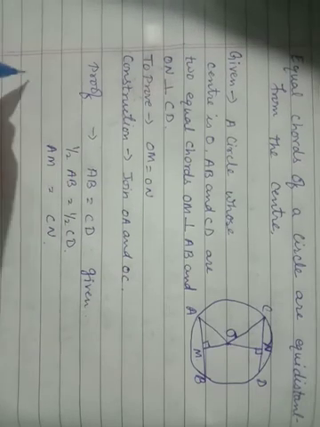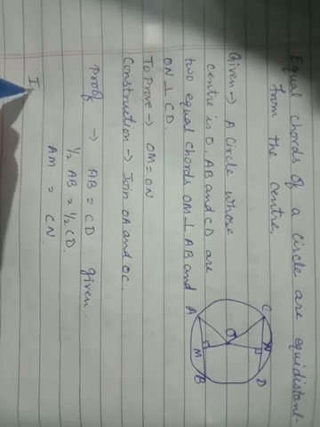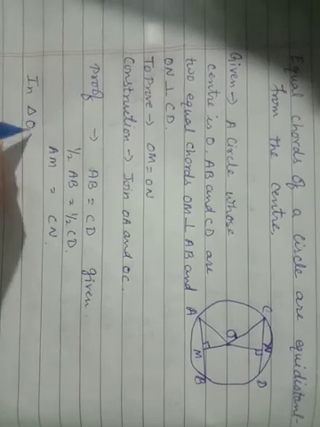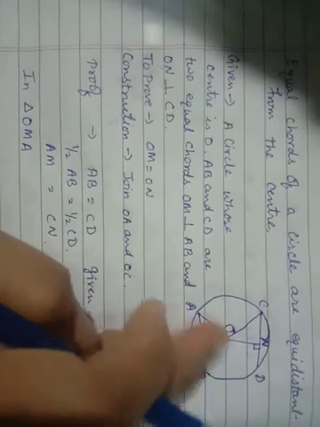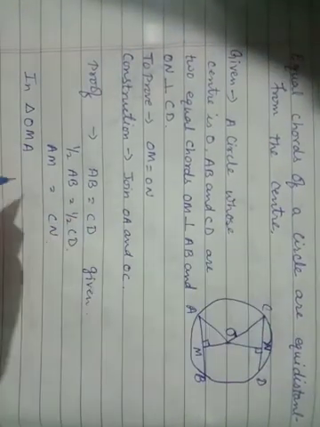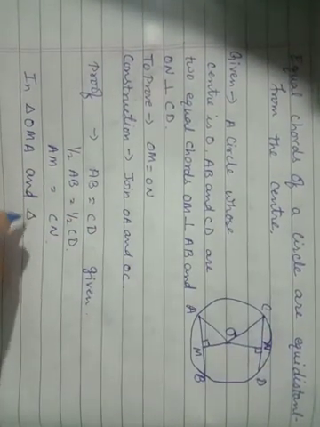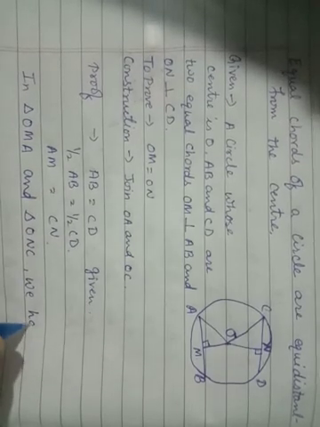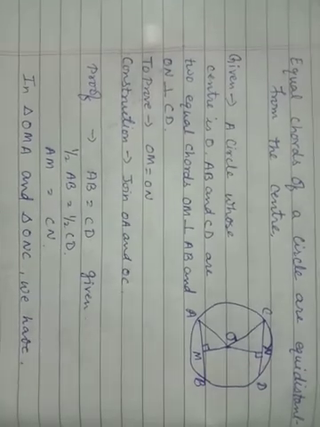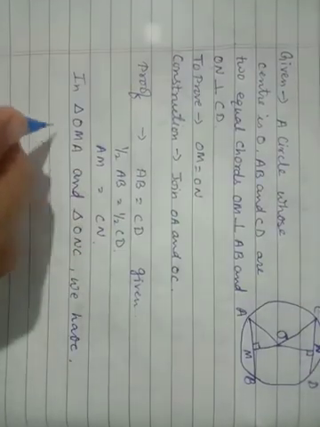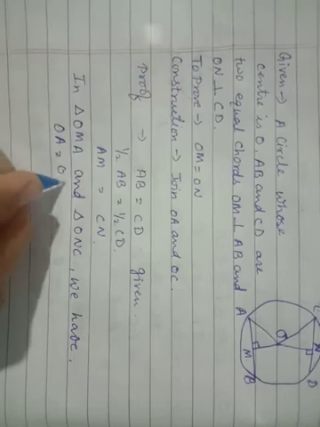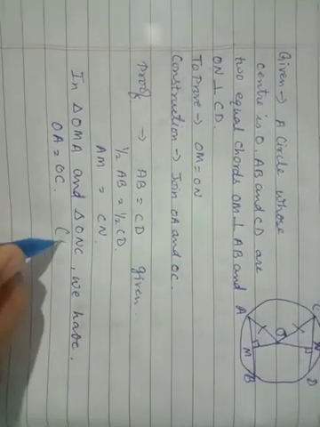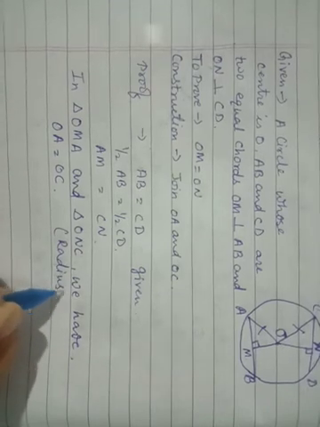Now in triangle OMA and triangle OMC, we have OA is equal to OC, radius of the circle.